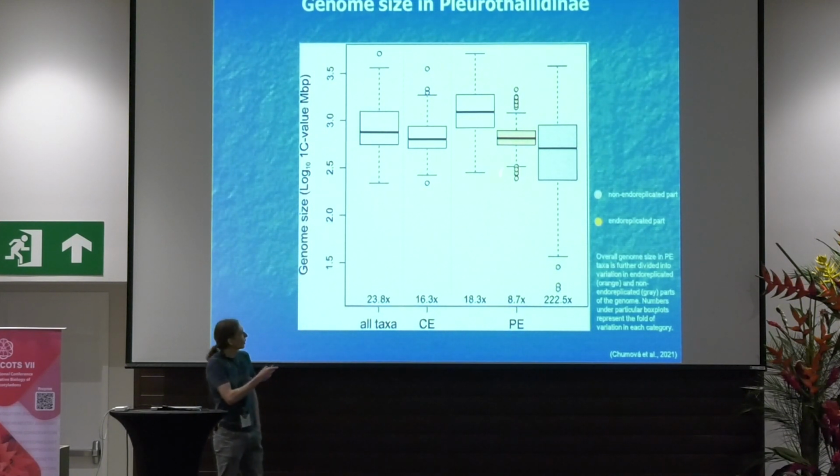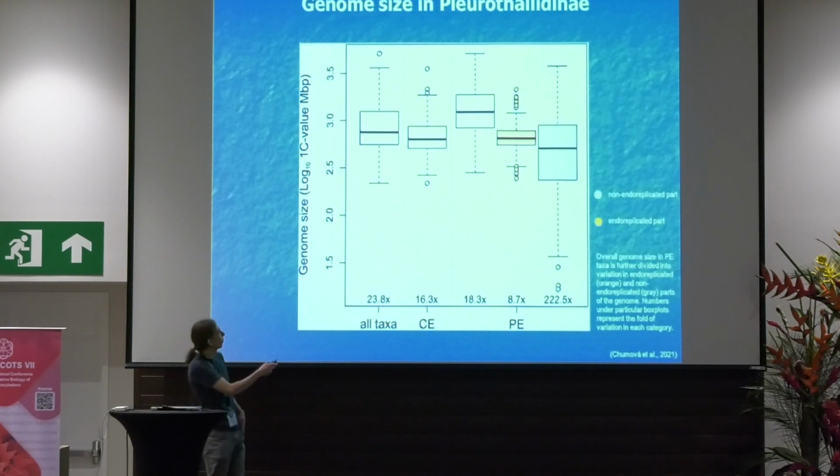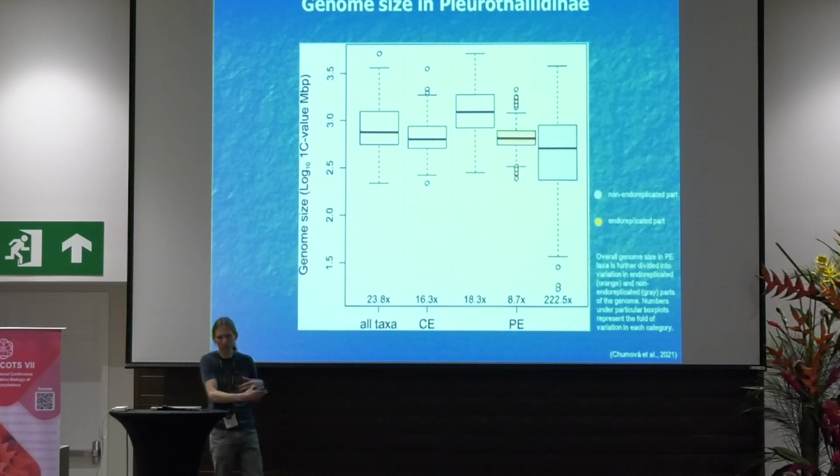And so with this orange color, it's highlighted only that part of genome which is endoreplicated from these species with partial endoreplication. With this gray color, it's only that part of genome which is non-endoreplicated from the same species. So it's virtual separation of the genome into two parts, which already makes sense.